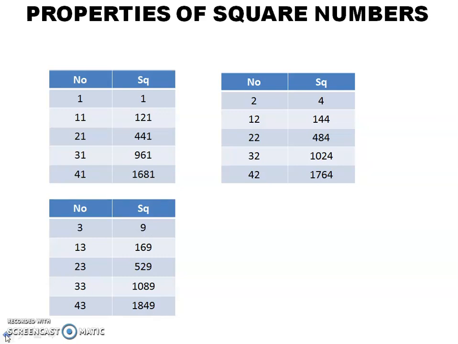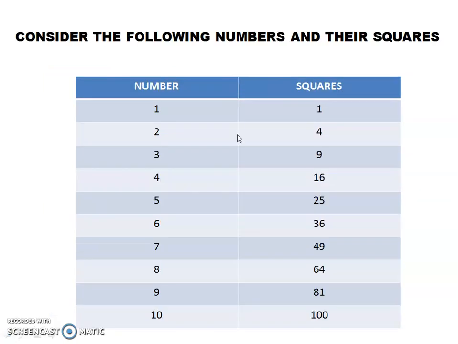Okay. This depends on this table. If the number ends in 1, the square ends in 1. If the number ends in 2, the square number ends in 4. If the number ends in 3, the square number ends in 9.